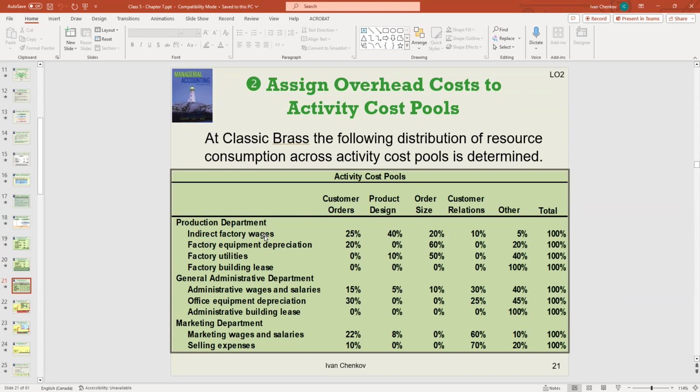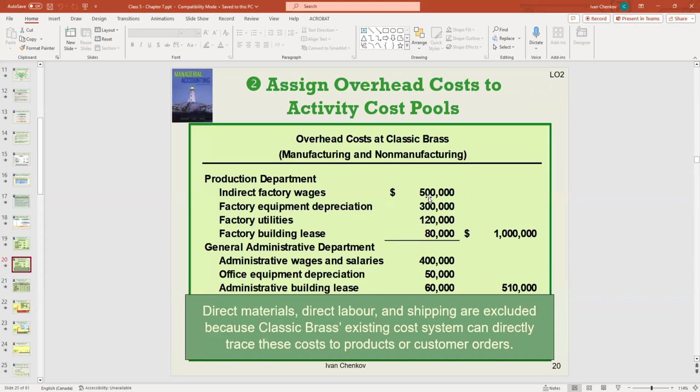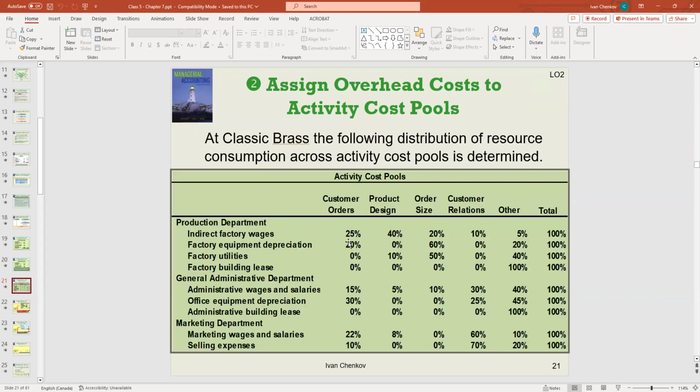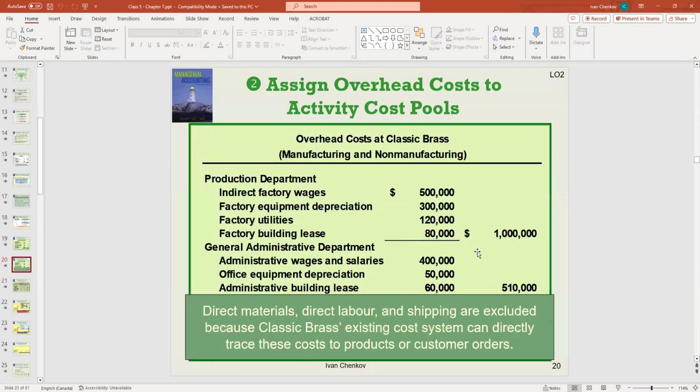Now, the indirect factory wages is our cost here, and the cost is $500,000. How are those $500,000 used? They're used 25% by the customer order, 40% by product design, 20% by order size, 10% by customer relationship, and 5% by other. Total is 100%. The total is always going to be 100% because we have to allocate that cost fully.